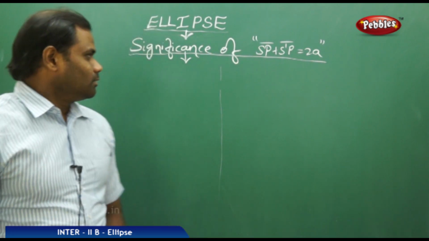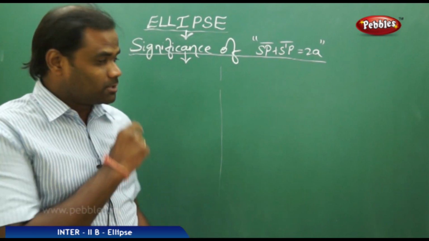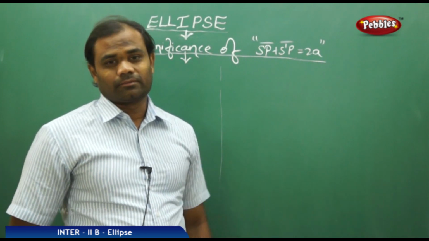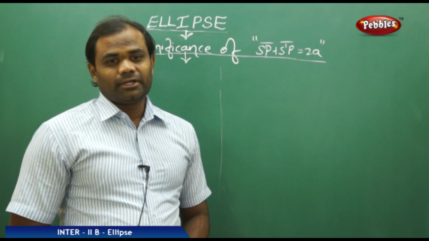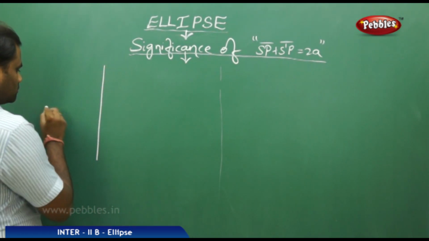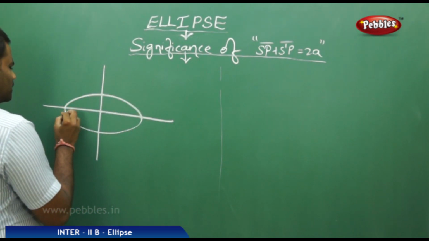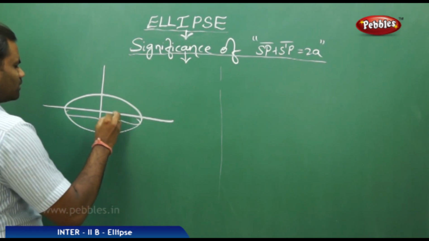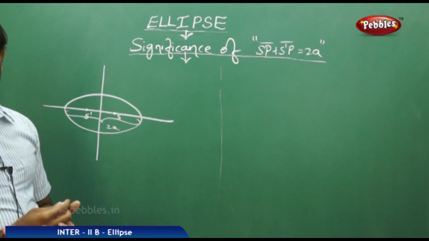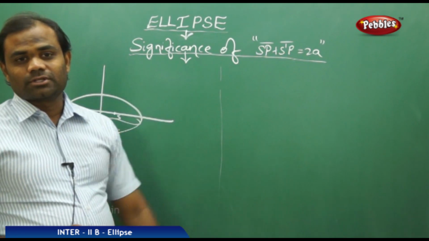Now, let's see the significance of the mathematical relation which we have obtained in the previous session: SP plus S dash P is equal to 2A. The significance is that if I take an ellipse with the length of major axis being 2A and the foci S and S dash, which are fixed, then we can construct an ellipse using this relation.